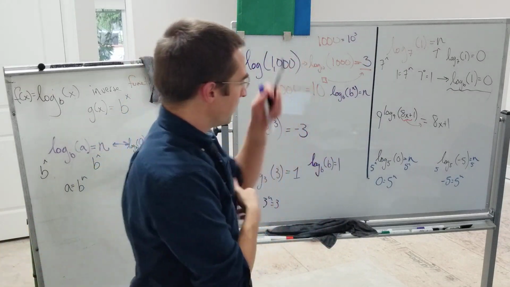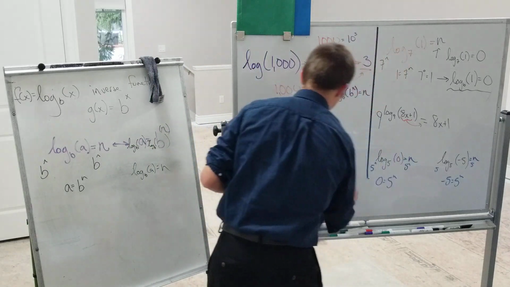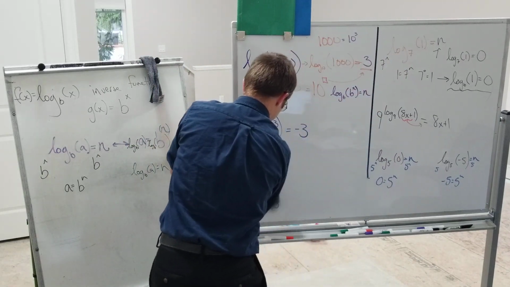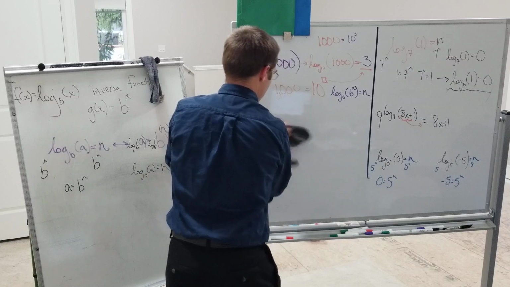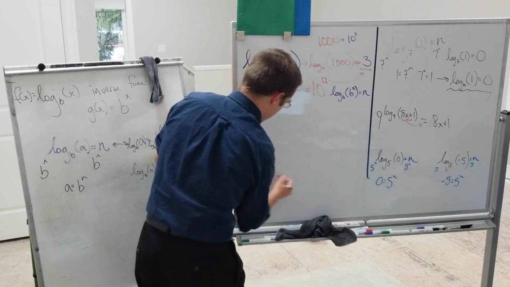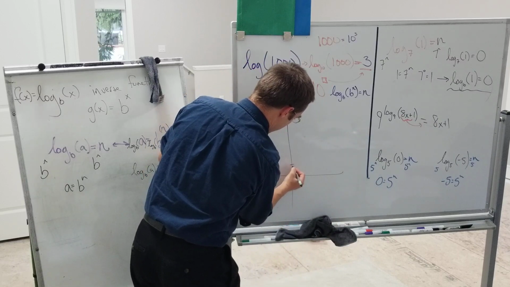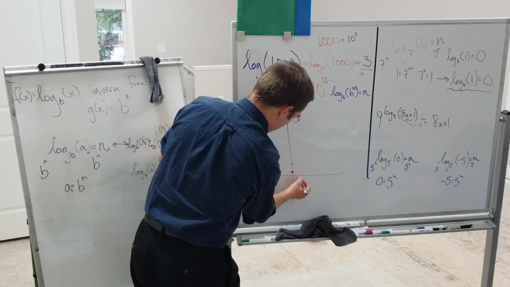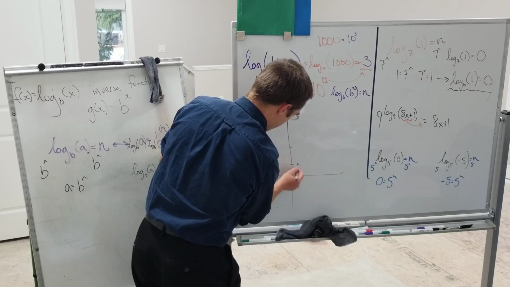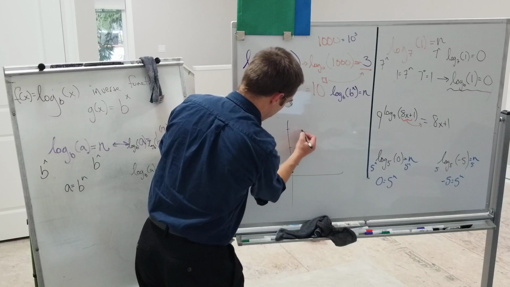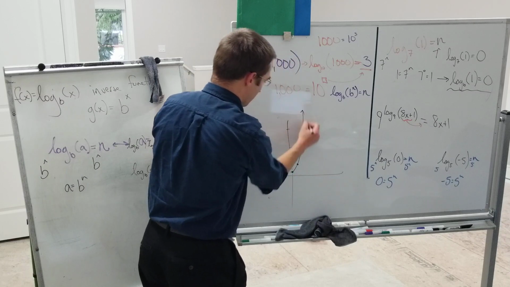Yeah, something's wrong here. Because if we look at the graph of 5 to the n, the graph of 5 to the n is going to look like this. 1, 5, right? 25's up there. As you go, it takes off.